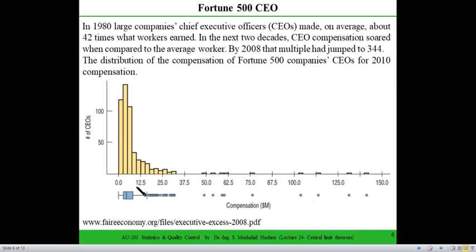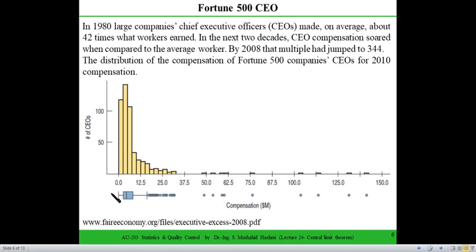You see most of the people would have a salary of around $6.5 million, and then some of the CEOs would be earning quite a lot. So there is an asymmetric distribution in the salaries of different CEOs.